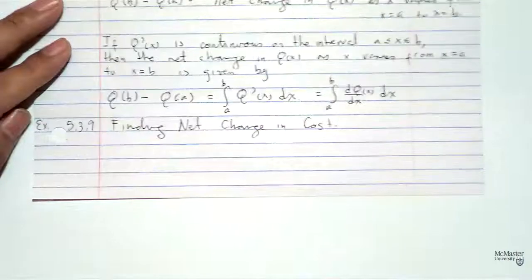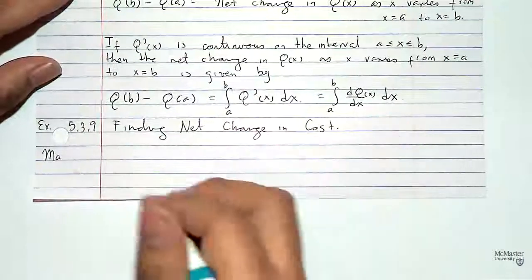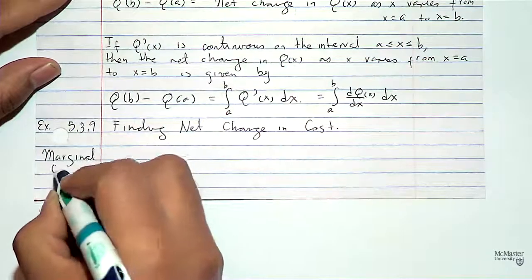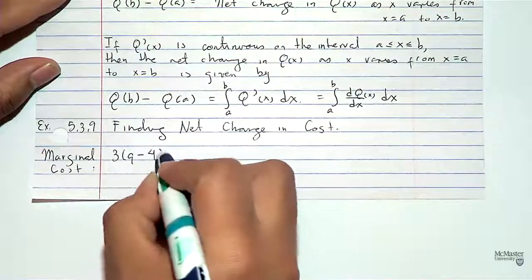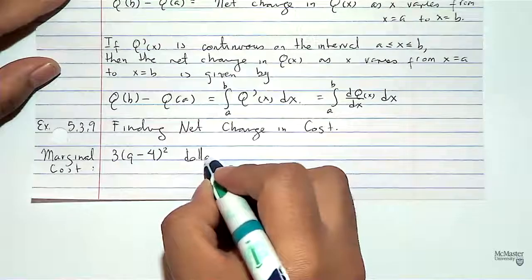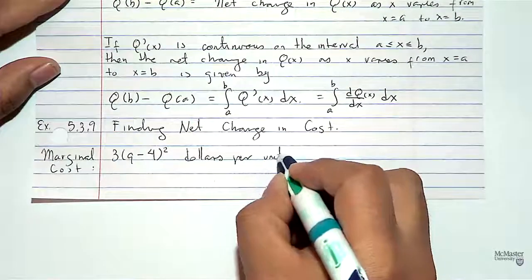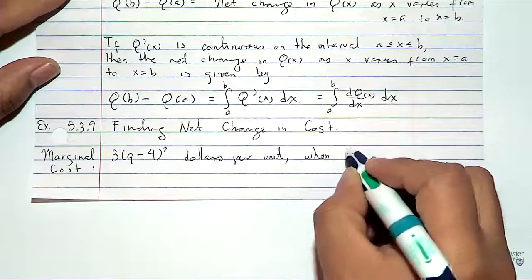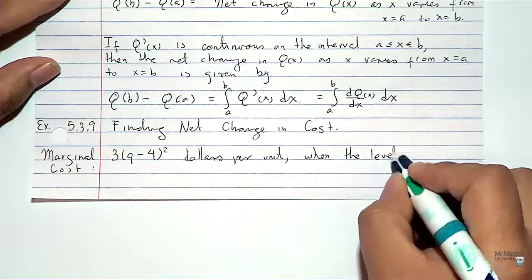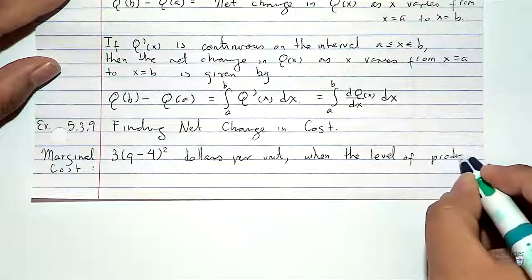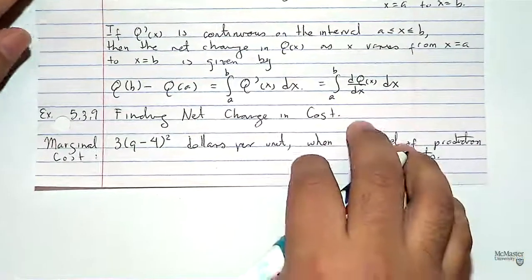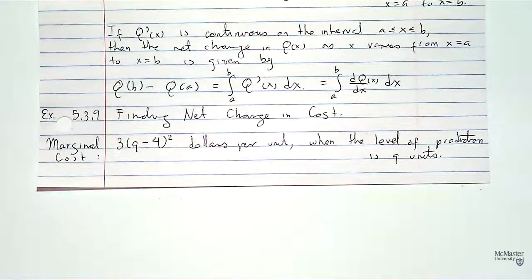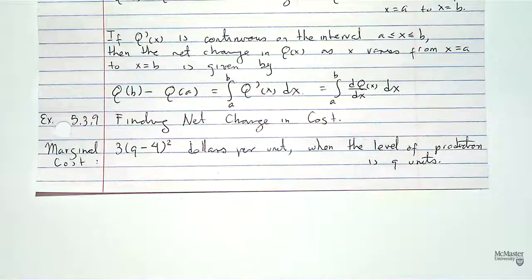And of course, you're given information such as the marginal cost, which you're told is 3 times (Q minus 4) squared dollars per unit, when the level of production is Q units. So, when they talk to us about marginal cost, what we remember is that this is a derivative, and it's a rate of change.